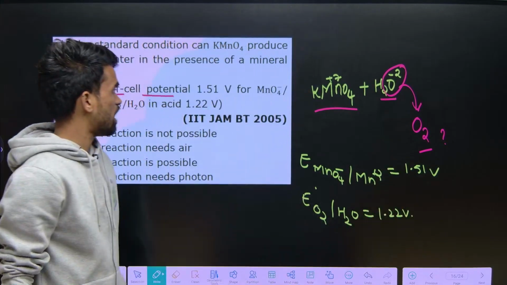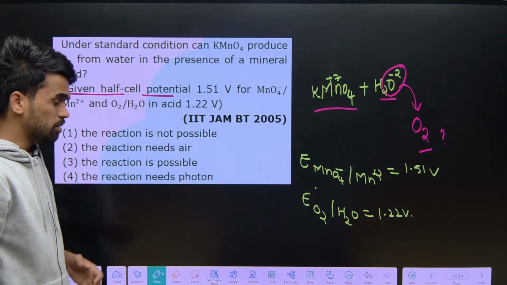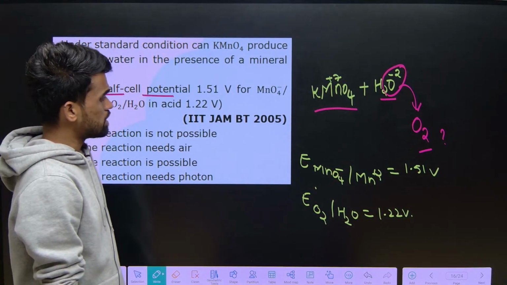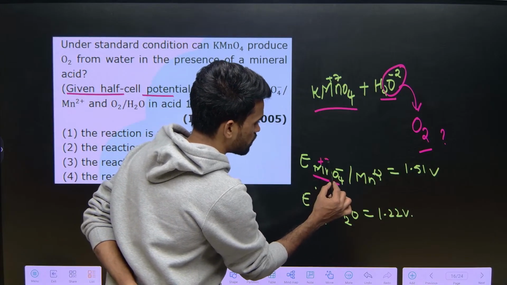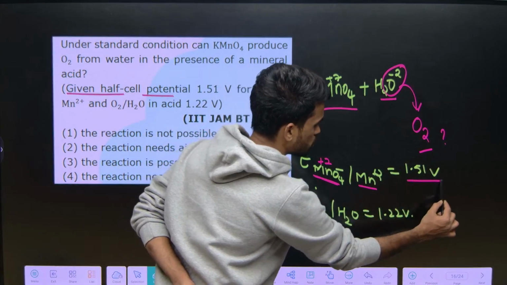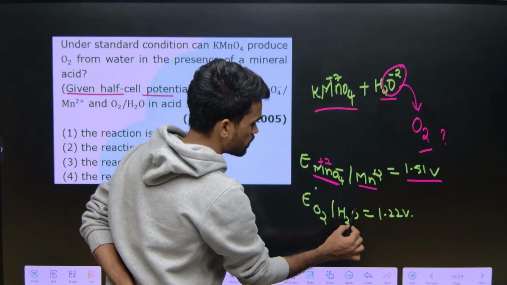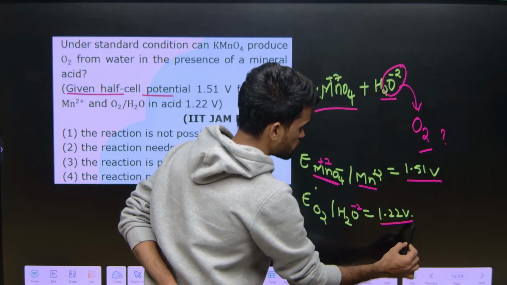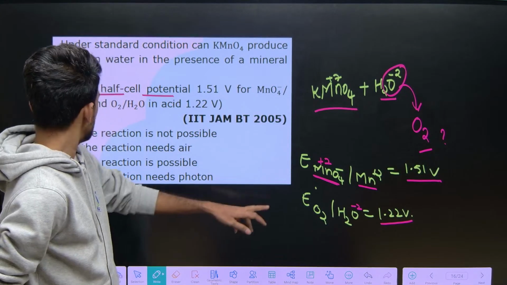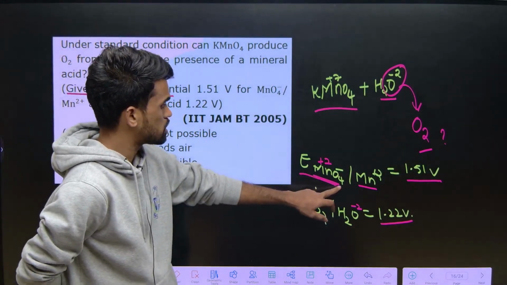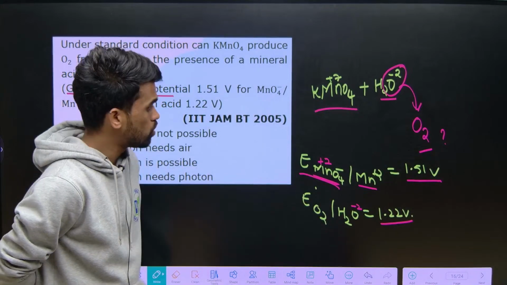Now looking at the values we need to decide. Here +7 is converting into +2, this is the reduction potential value. Here O2 is converting into H2O, this is the reduction potential value. So which has more reduction potential value? Manganese has more reduction potential value.